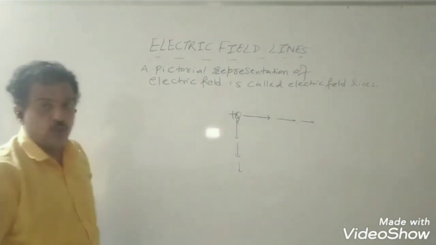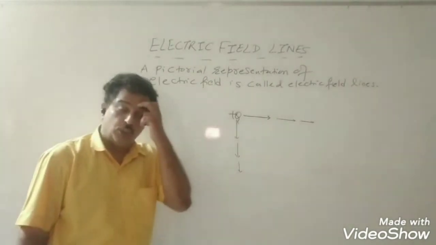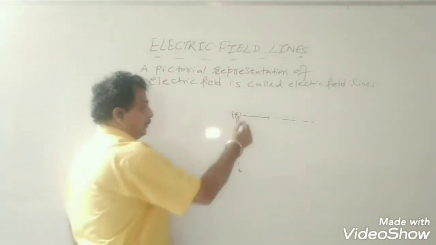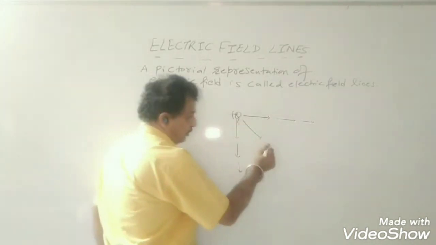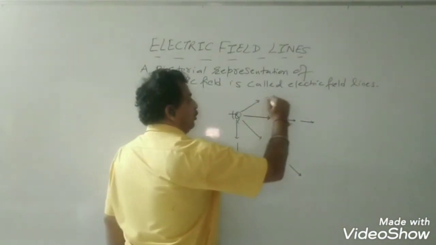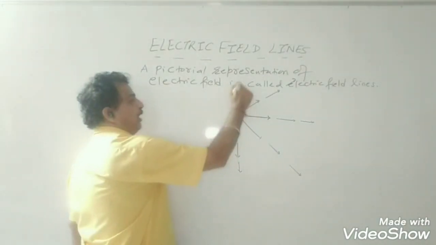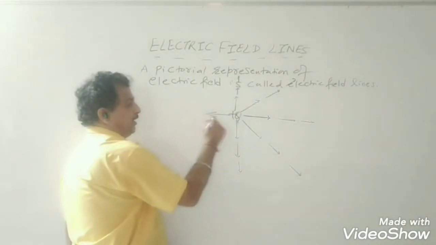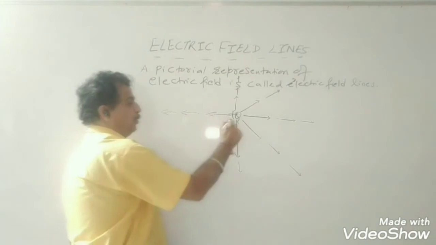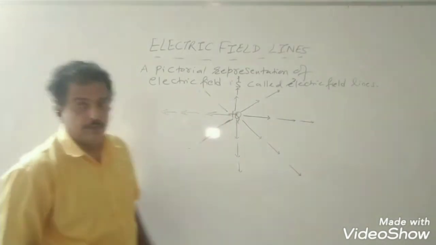So this arrow indicates the direction of the motion of the test charge. Similarly, big arrow, small arrow, small arrow, like this. It will happen on all the sides.